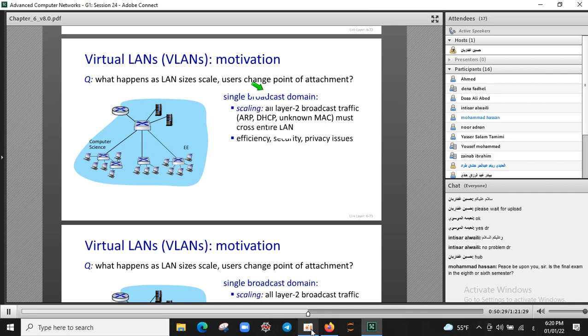A bigger broadcast domain has several security and privacy issues. Also, a big broadcast domain makes some inefficiency in my network, because I said the broadcast message, the broadcast frame, will be forwarded over the whole network, over the whole broadcast domain.